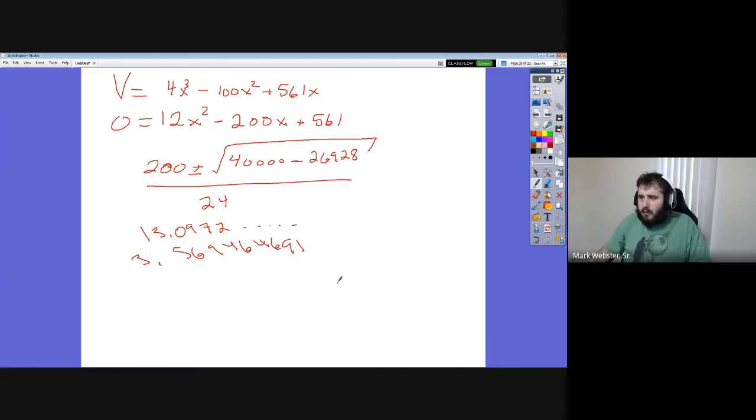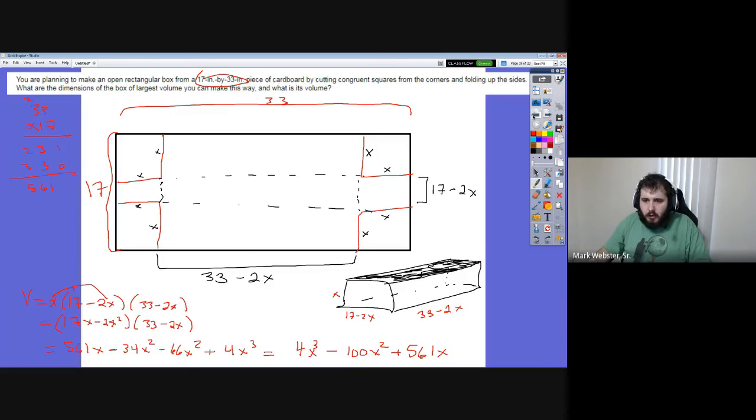So why am I not worried about there being two different answers? Well, don't you have to then go and check and stuff? No, you don't. And here's why. Look at what our dimensions are: x, 17 minus 2x, and 33 minus 2x.